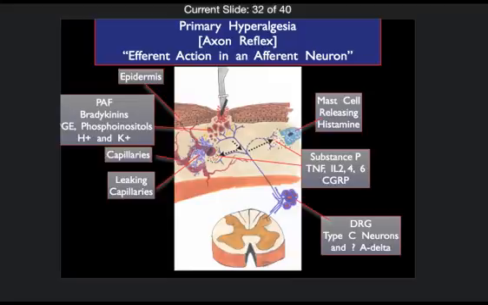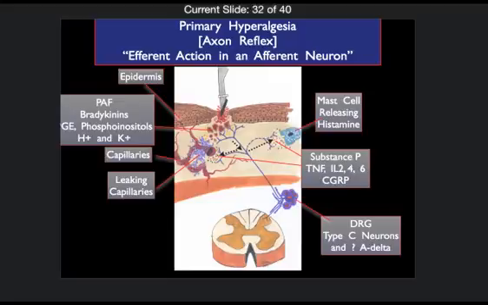simplest reflex that we know, and that creates a release of substance P, a neurokinin, TNF, IL-2, 4, and 6, and CGRP, calcitonin gene-related peptide. This cocktail, especially substance P and CGRP, take the capillaries and they leak. So that's the swelling that occurs in primary hyperalgesia.